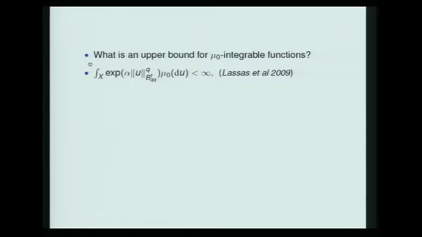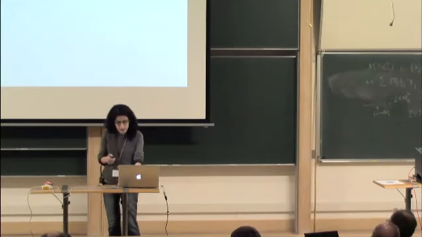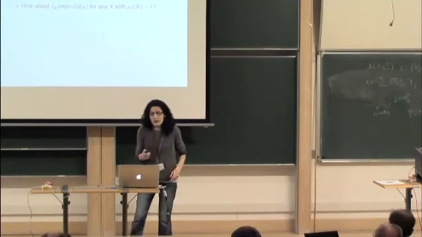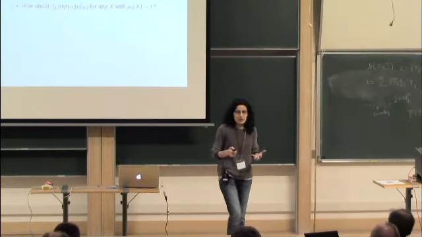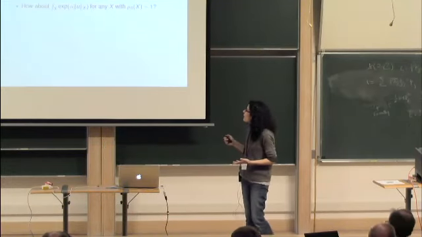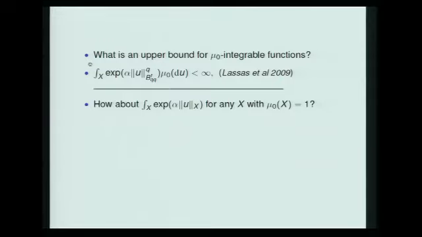But as I said, we know that the Hölder continuous functions also have measure 1 under mu naught. So what about them? Or if you want to compare it with the Gaussian case, what about any function x for which you have mu naught of x equal 1? Can you say something like this?